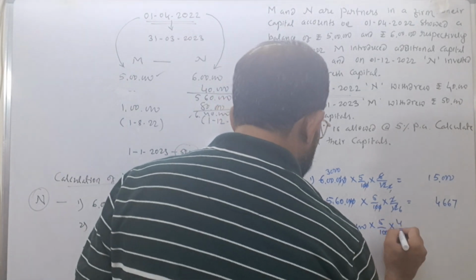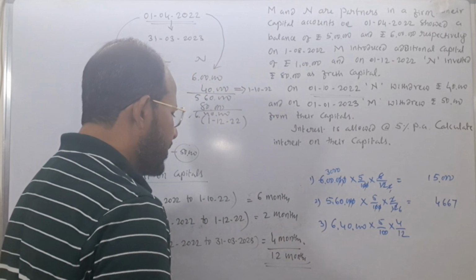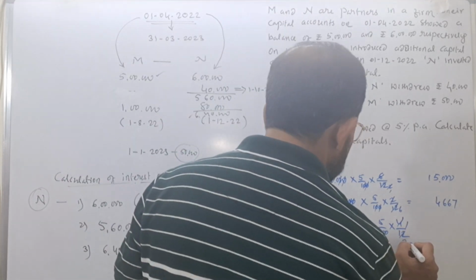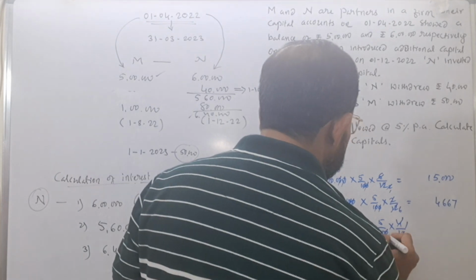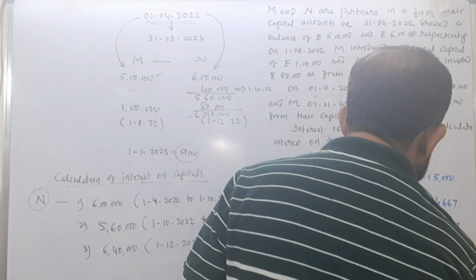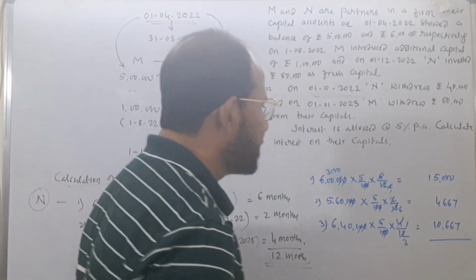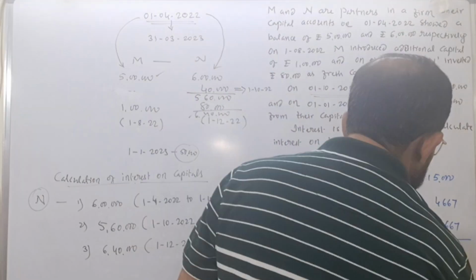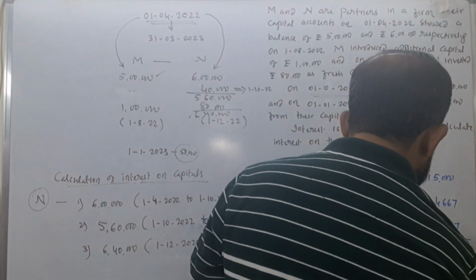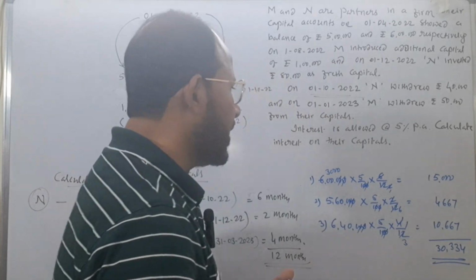For how many months? For 4 months you calculate. 4 1 ja 4 3 ja 12. Next one is 10,667. Make the total of this: 30,334. This is the interest on capital of N.